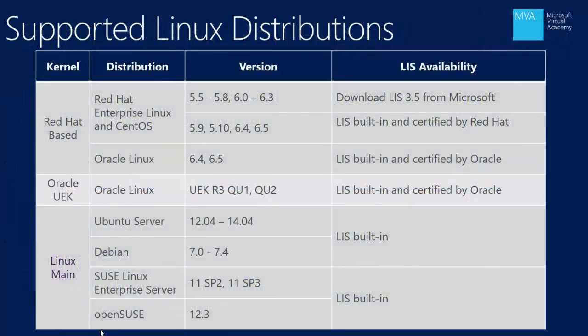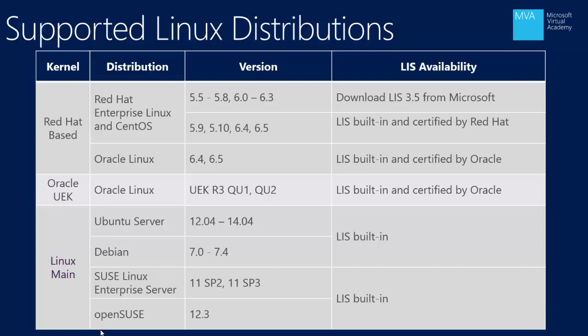If you take a look at our supported Linux distributions currently for Hyper-V, there are many distributions and many versions. For older versions, the Linux integration services, LIS, you may have to download as a separate download and install separately before.